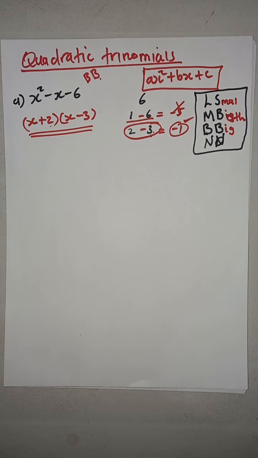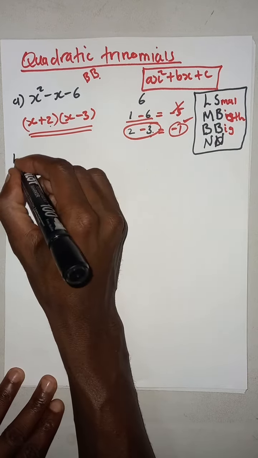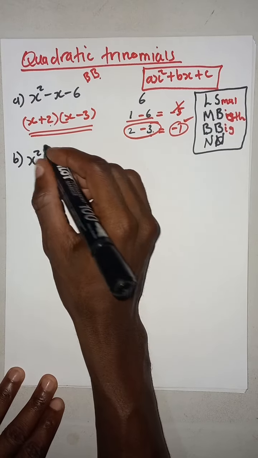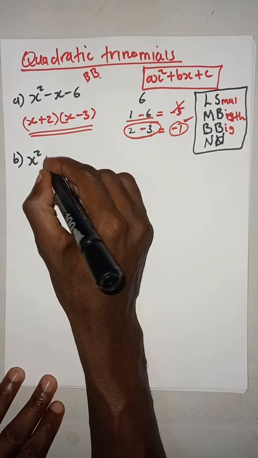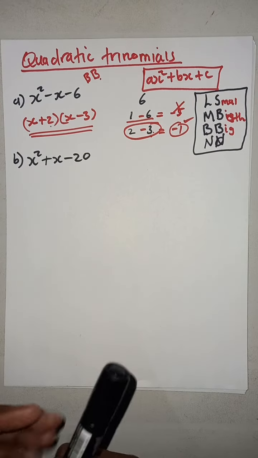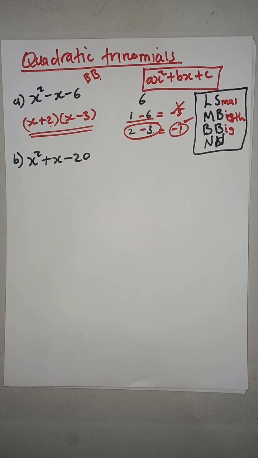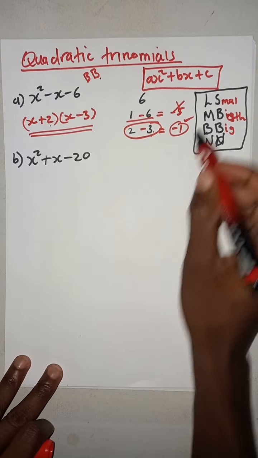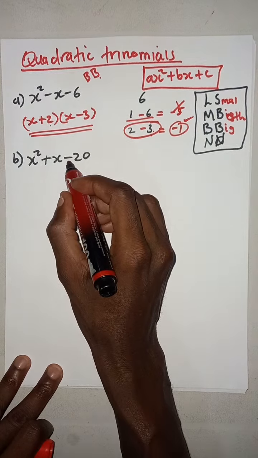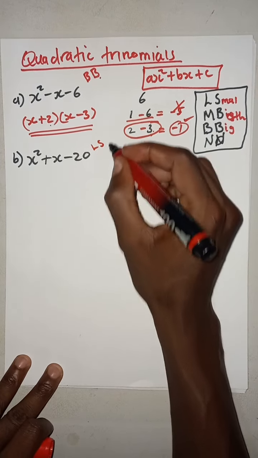So the next example is if we are given x squared plus x minus 20. Well, this one we can see, if we check our trick, the last one is having negative. It means LS. So we are going to apply LS.